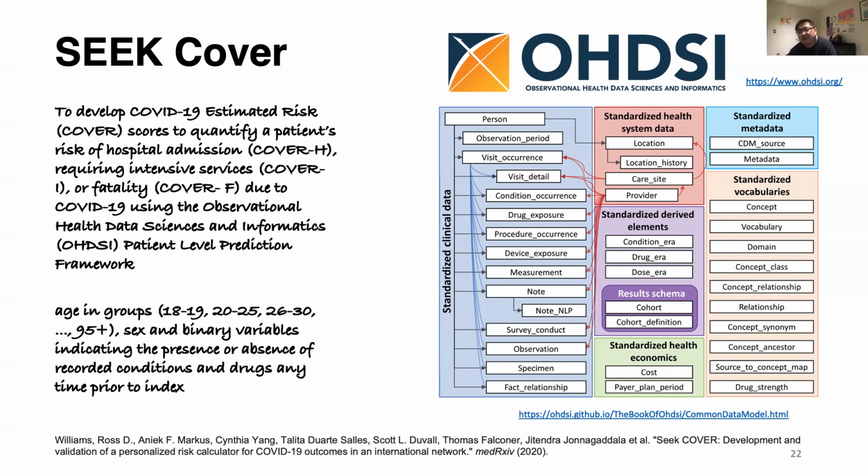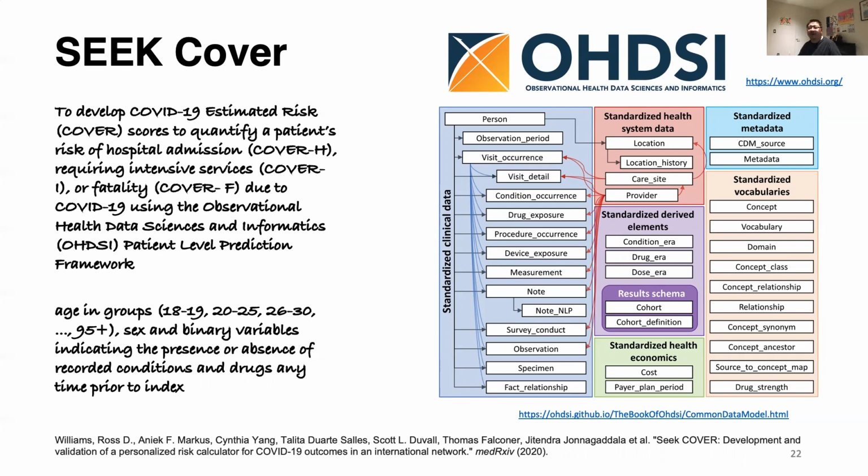This is an international consortium of study groups where the participants can voluntarily map whatever EHR system they have to a standard vocabulary, shown in the right figure, called the OMOP Common Data Model.